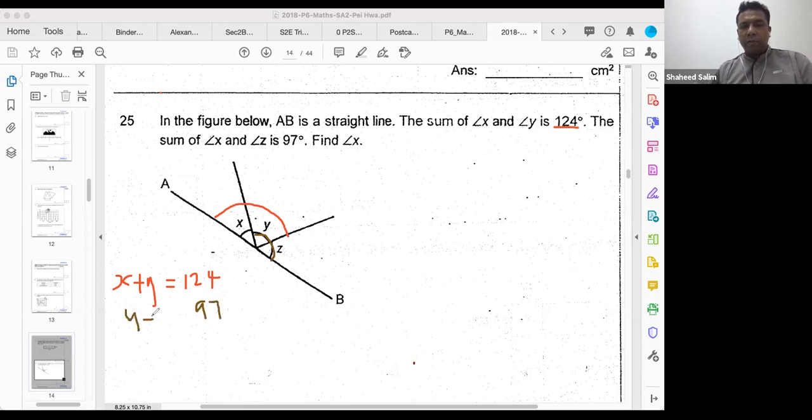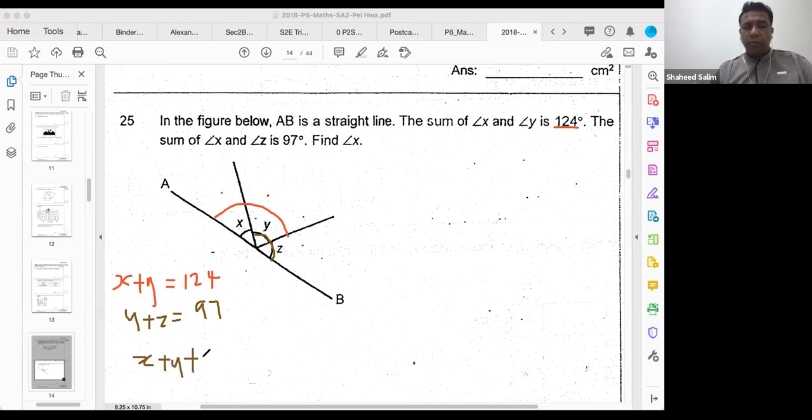Then I'm going to tell you something else. X plus y plus z is 180. You agree? X plus y plus z is 180.